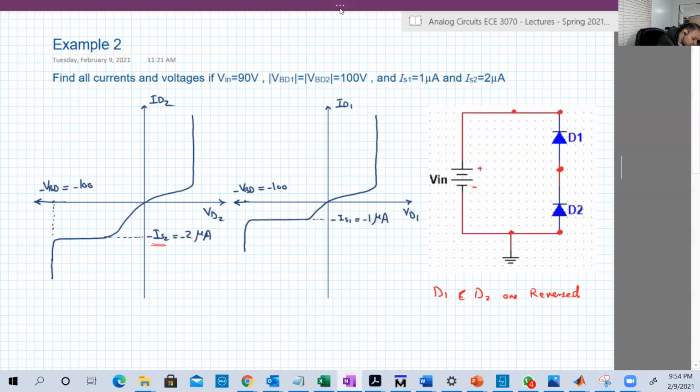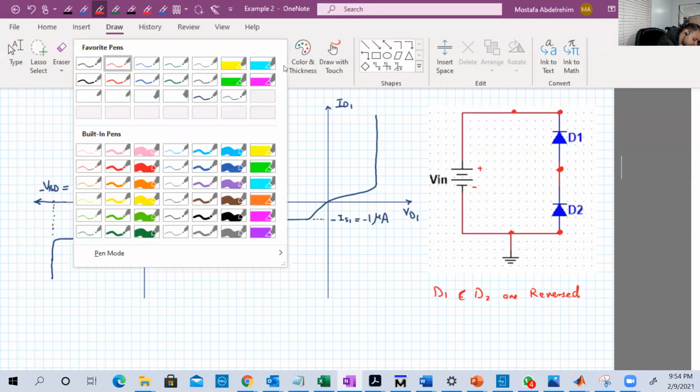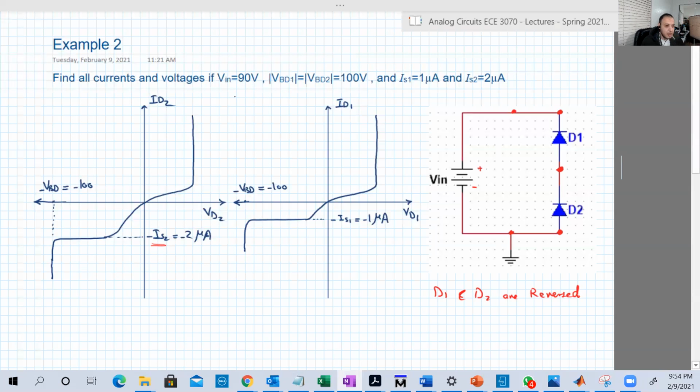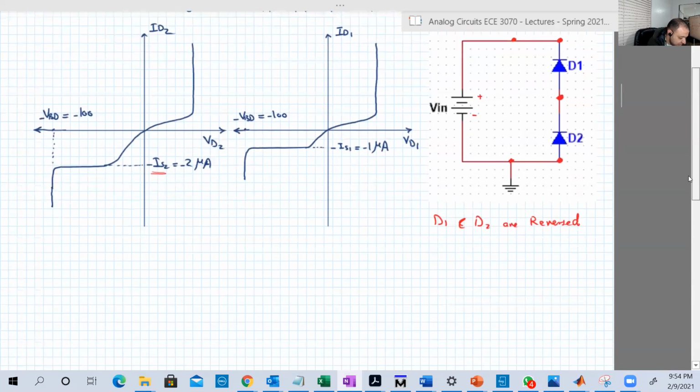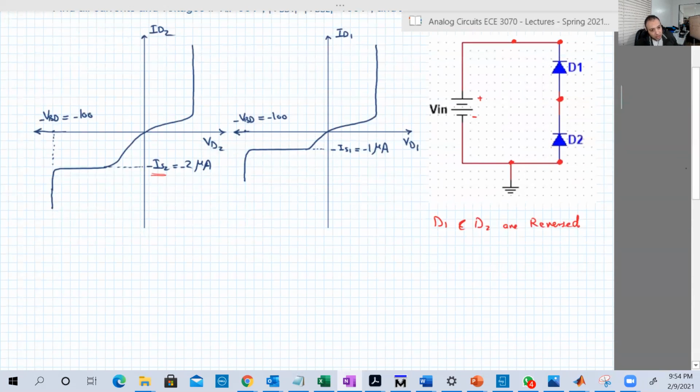Let's go back to our color. Basically, we do what we used to do with normal circuit analysis. We write equations. Our first equation is always to think about KVL and KCL. KVL, Kirchhoff's voltage law.